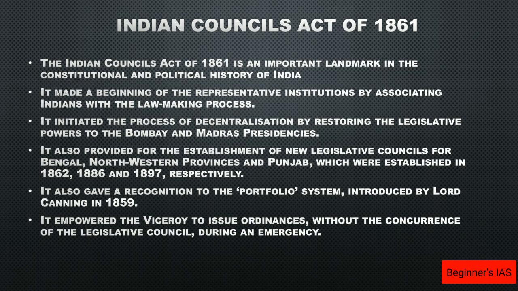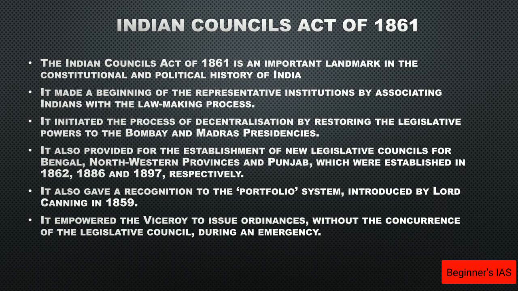This Act of 1861 provided for the establishment of new legislative councils for Bengal, the Northwestern Provinces and Punjab, which were established in 1862, 1886 and 1897 respectively.